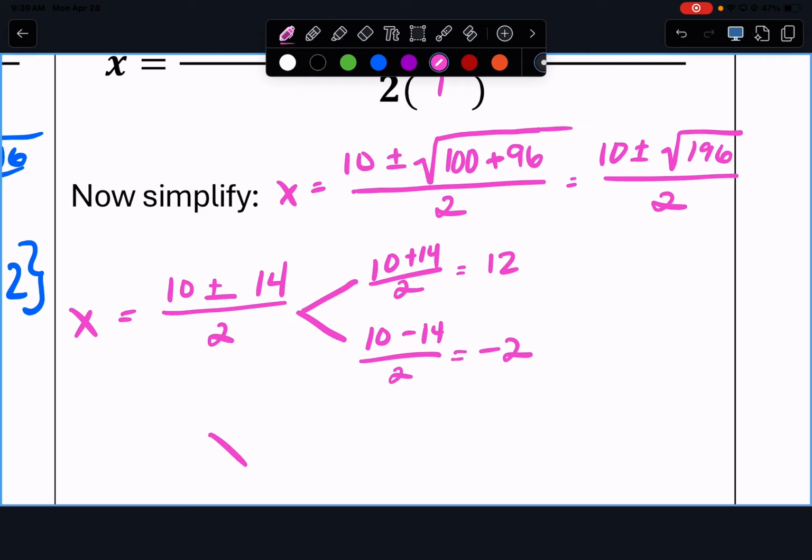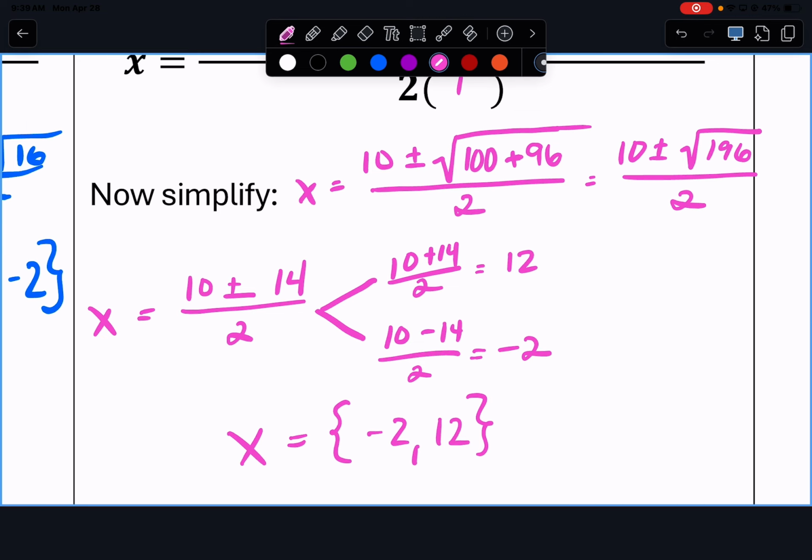Negative 2. So x equals negative 2, comma 12. Then I want y'all to do C all on your own.